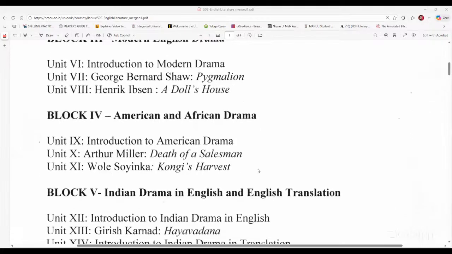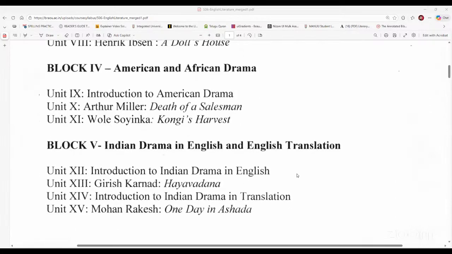We will study these two texts from a critical point of view and understand how these two texts represent characteristics which are typical of American drama, apart from general structure and other things.